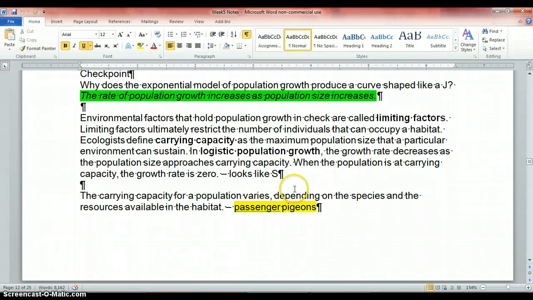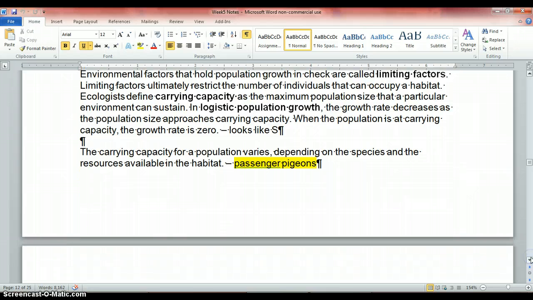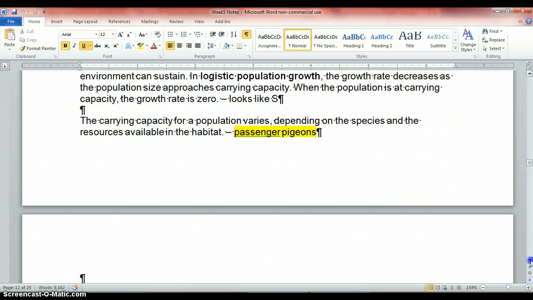Passenger pigeons is a very good example of this because they still had a lot left when they were unable to reproduce anymore. That's not really carrying capacity. That's going to be your minimum required number. But think about whales, you probably have a different number that your environment can handle than rats. Just different sizes, different amount of stuff they need to eat.